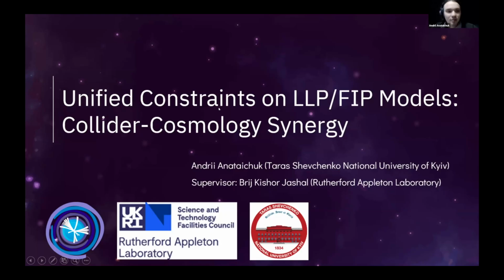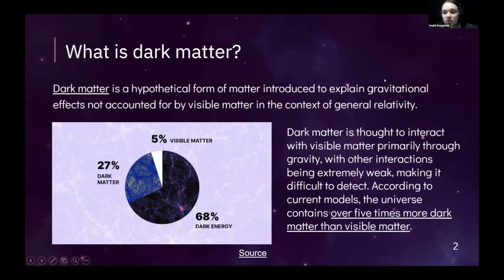So let's start from the beginning. What is exactly dark matter? Dark matter, as some of you may know, is a hypothetical form of matter that was introduced to explain gravitational effects that cannot be explained by only visible matter in the context of general relativity. It is called dark because we cannot observe it with visible light or any kind of electromagnetic force.